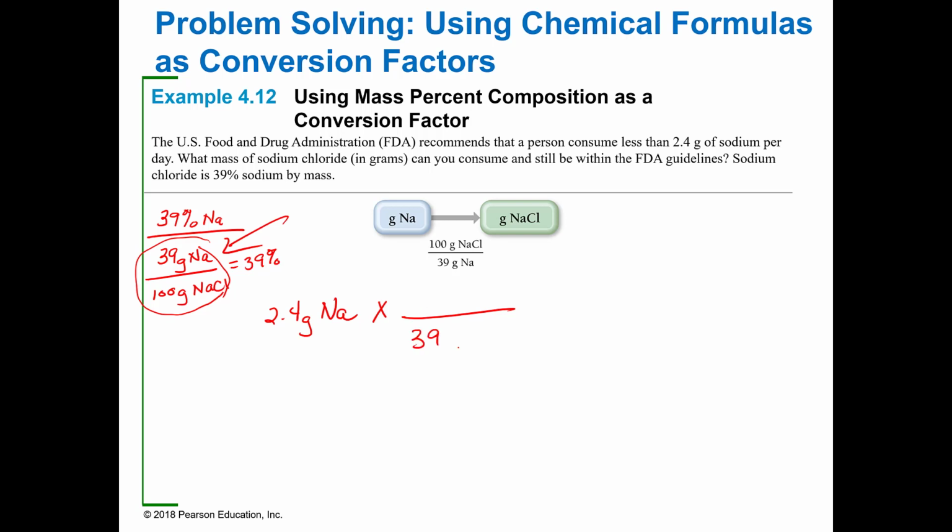So 39 grams of sodium is going to go on the bottom so that I can cancel those out, over 100 grams of sodium chloride. And those two canceling is going to give me how many grams of sodium chloride I can actually have to get the 2.4 grams of sodium, and that turns out to be 6.2 grams of the sodium chloride.